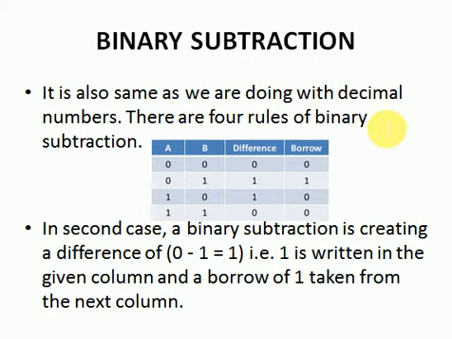If there is a 1 next to it, we will take a borrow. If we take it as a borrow, it will become 10, and 10 minus 1 will be 1. The next digit becomes 0. That is why 0 minus 1 gives difference 1, and borrow 1 is taken from the next digit.